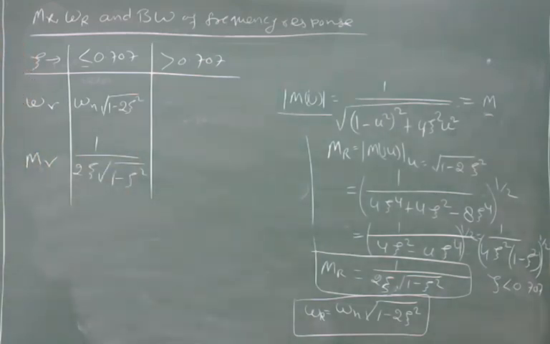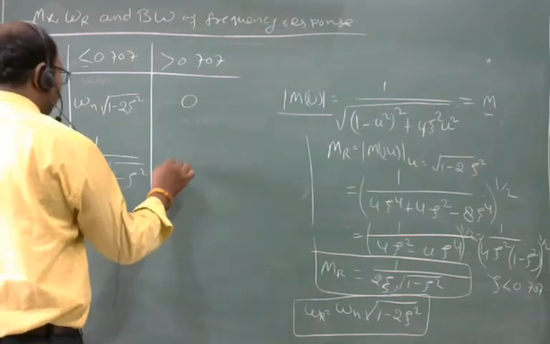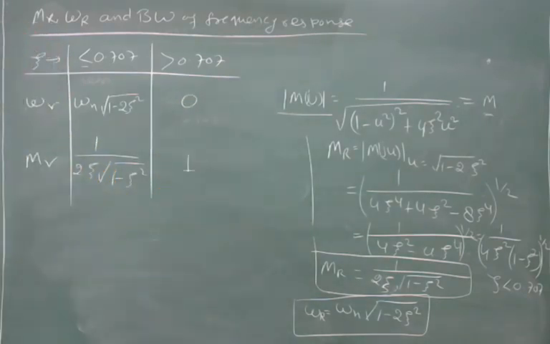And for zeta greater than 0.707, omega r is always 0 and Mr is always 1, right?